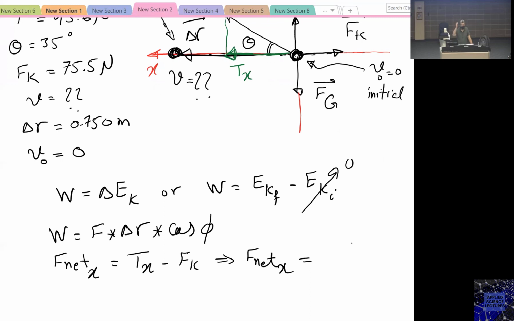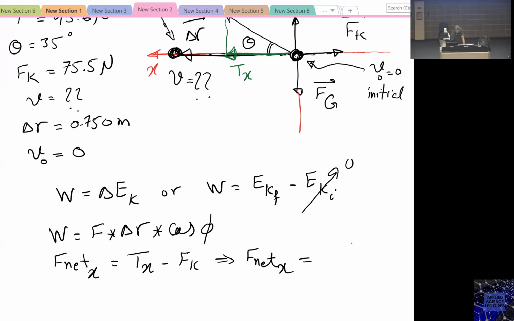Zero. This F net X is on the X-axis, and the motion is happening on the X-axis. So the angle between this force and the displacement is 0.